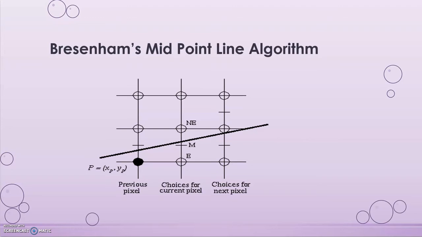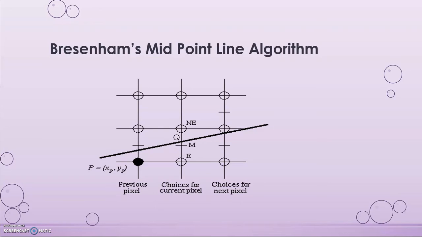We have selected the pixel P, XP, YP. Now we have to choose between the pixel one increment to the right, that is east pixel, or one increment to the right and one increment up, that is northeast pixel.